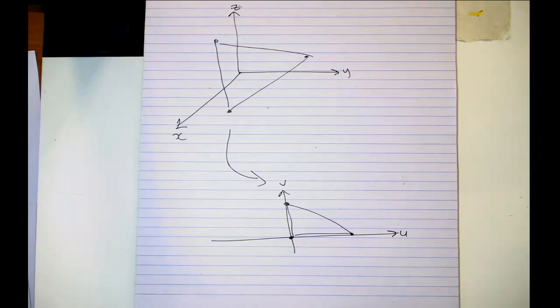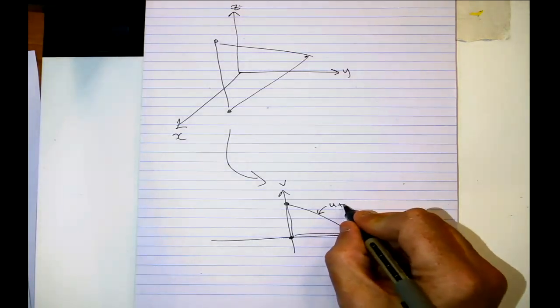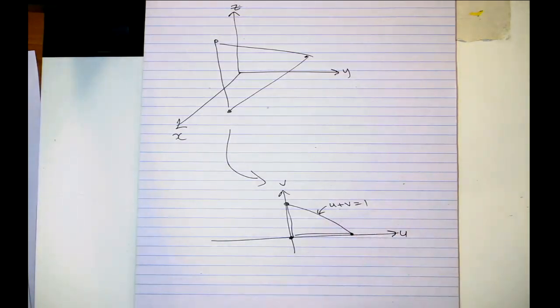Right? So I'm doing a double integral, so it's fairly easy to work out that that bit is the line u plus v is 1. You need a line that goes through 1, 0 and 0, 1. Right? You know, so I could integrate, doesn't matter how I do it.